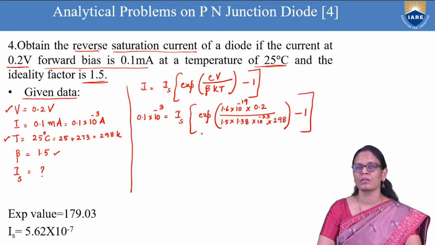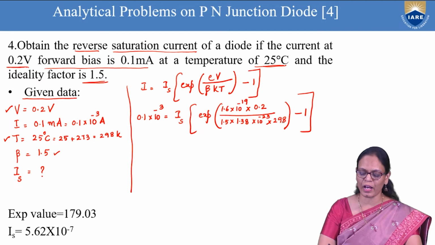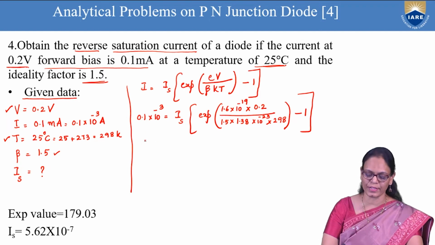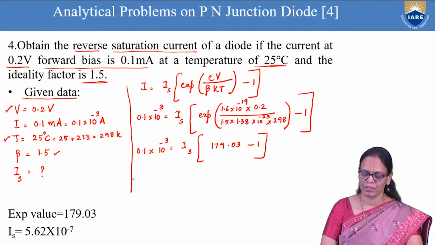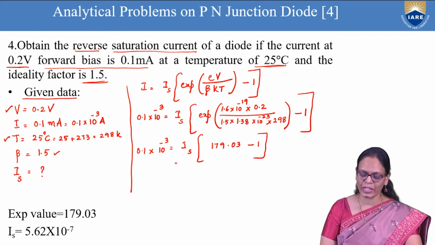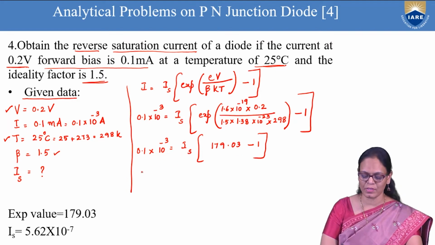So whatever we have in the exponential, we can simplify using the calculator, and the value of the exponential comes out to be 179.03 minus 1. Now we need to find the value of Is.